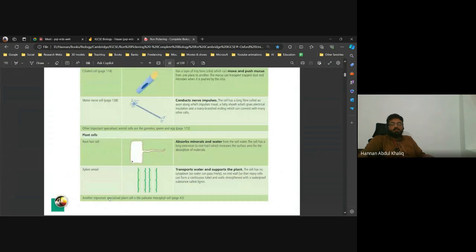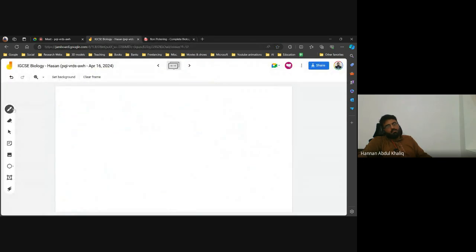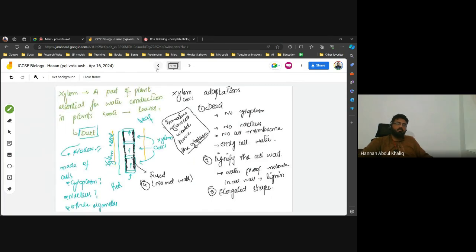There is another cell that we will be talking about in detail at page number 42. Right now, I will tell you about it very shortly. You got it? The specialized xylem cell. Yes.